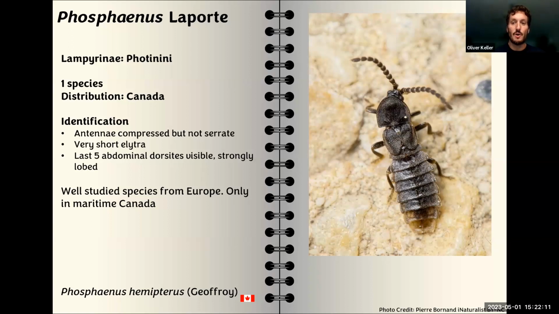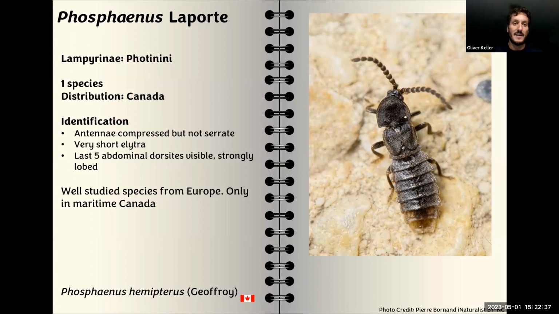They have very, very short elytra, and like you can see here, the elytra do not cover the whole abdomen. Usually the last 5 abdominal dorsites, the abdominal segments from above, are visible and strongly lobed. Here on the sides, they're strongly lobed. But like I said, only in Canada.